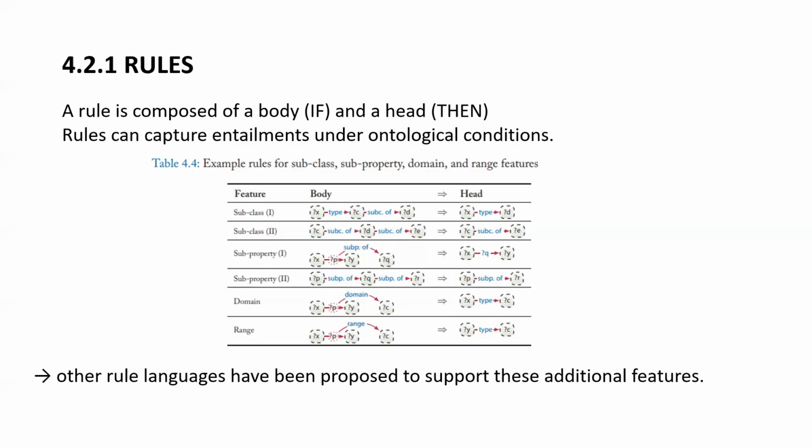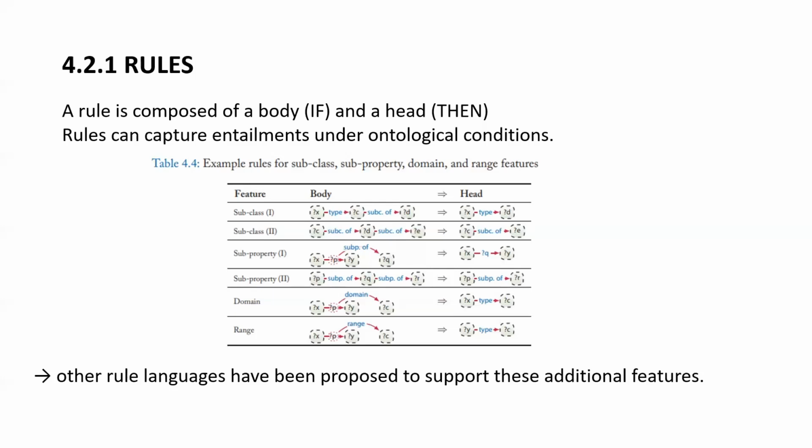Table 4.4 lists some example rules. These rules can be considered incomplete. For example, they may not capture that every class is its own subclass and that every attribute is its own sub-attribute.